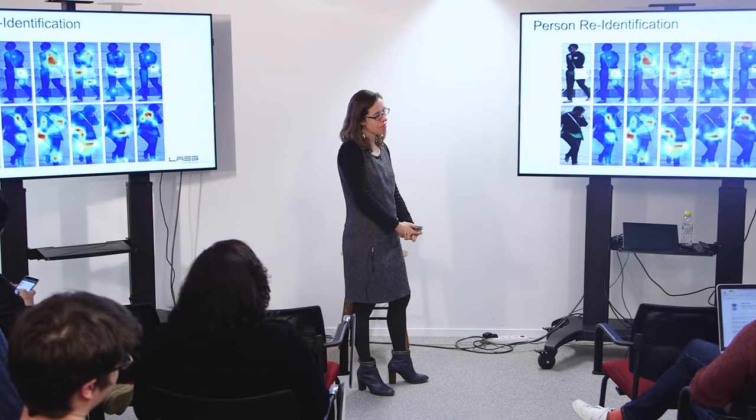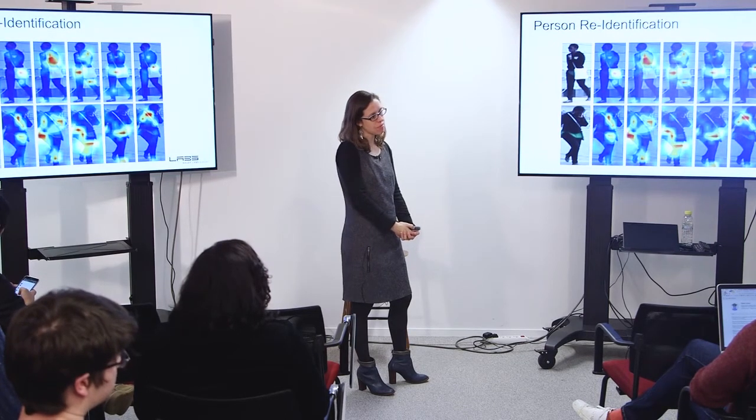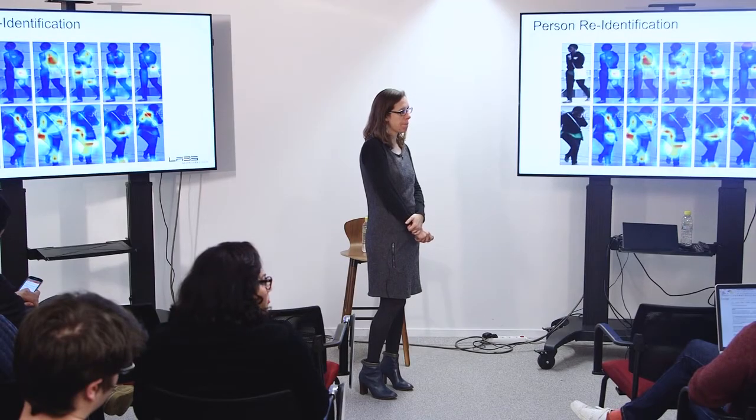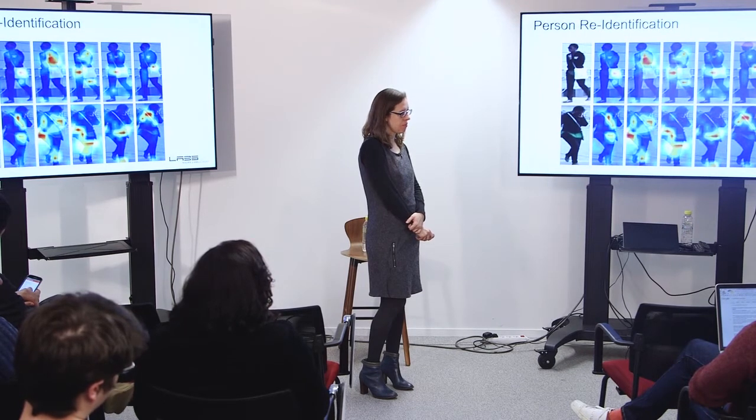Thank you for this second part. I have a question about maybe an issue with this re-identification. I guess it works when the person has the same clothes, but when the person has not the same clothes, then you cannot really identify the person.